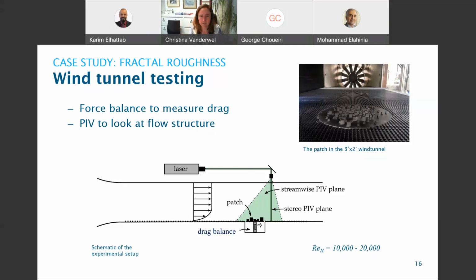And the biggest building in this setup was just a 1 centimeter cube. With the wind velocity that we can get in the wind tunnel, which was about 30 meters per second, that gives us a Reynolds number representative of the tallest cubes of about 10,000 to 20,000, which is well in the turbulent range.